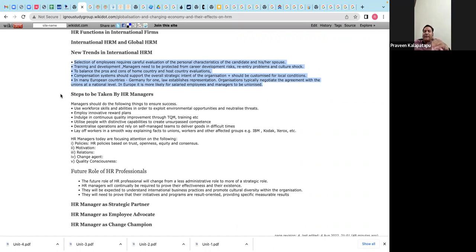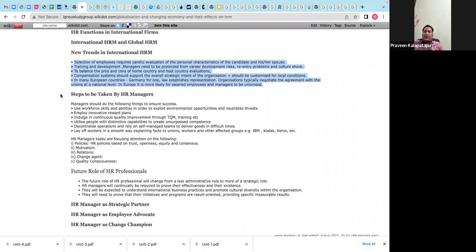At the same time, all the evaluations should converge somewhere, right? So that balance needs to be made somewhere. The compensation should be aligned, and it should be customized for the local conditions. So you should have that strategic intent, but it should be customized again. And there are various laws again, which are going to come into the picture.